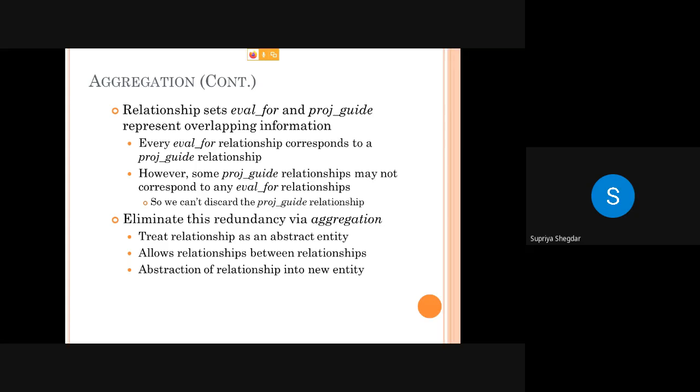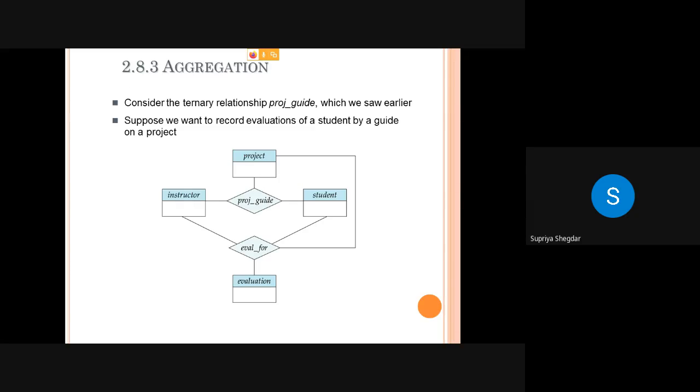Then the relationship set evaluation for and the project guide represent overlapping information. The project guide also uses the instructor, project and student data, and the evaluation for relationship also uses the instructor, project and student data.